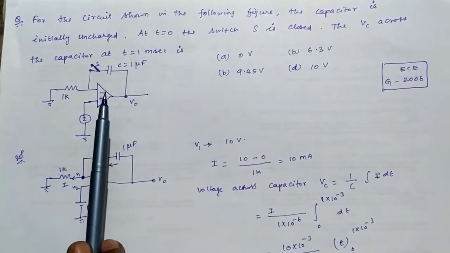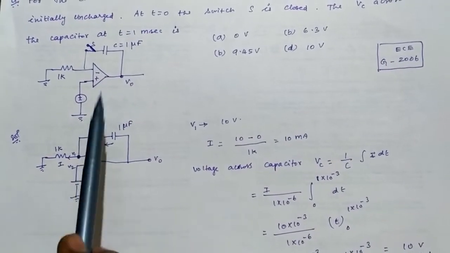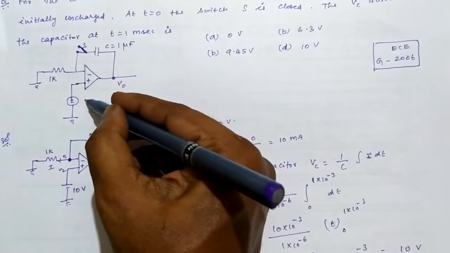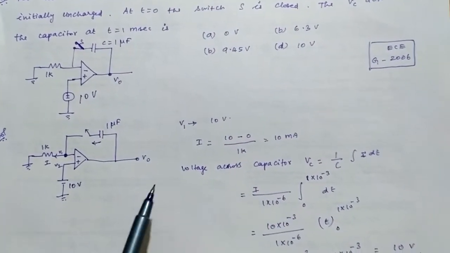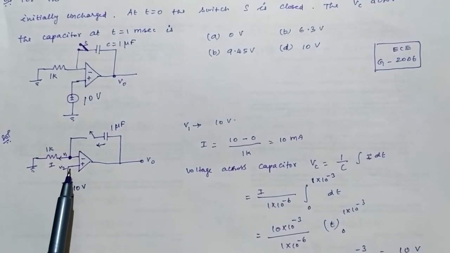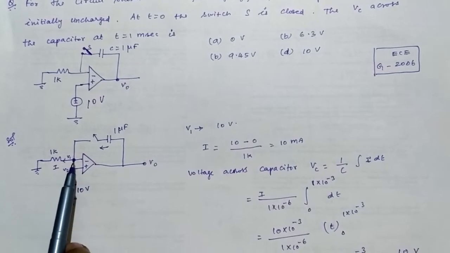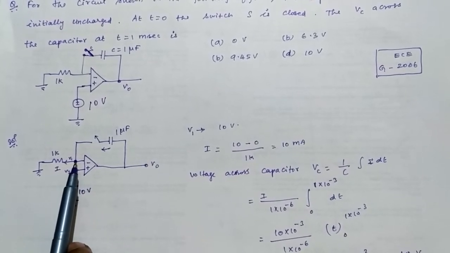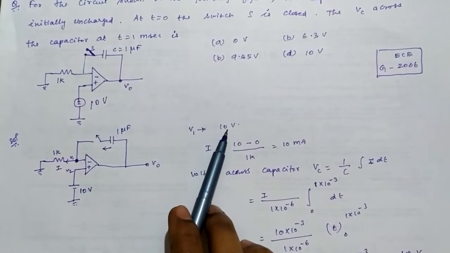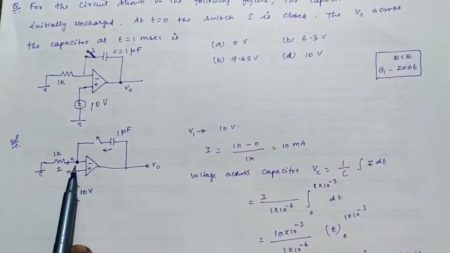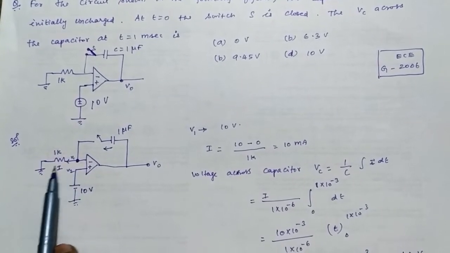Here we have redrawn the circuit once again like this. Since the given voltage is 10 volt, the non-inverting terminal voltage is 10 volt. So V2 is 10 volt. And of course V1 is also 10 volt, since it is virtually grounded. So here we have 10 volt, and here it is grounded, so the current must flow in this direction.